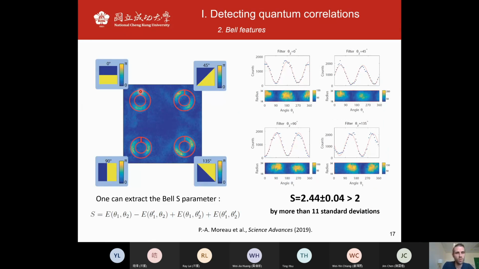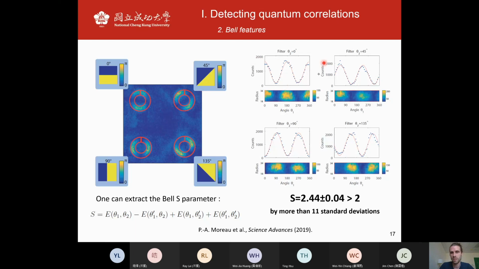We analyze along those four circles that correspond to the display of those four phase filters, and we unfold here the correlation that we get along each one of these four phase filters.